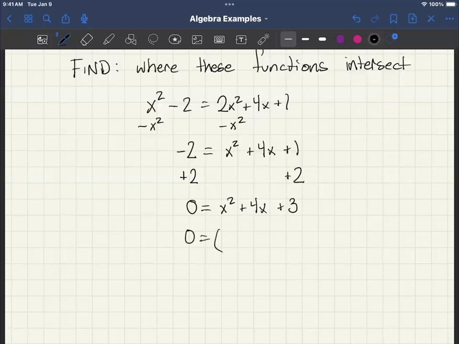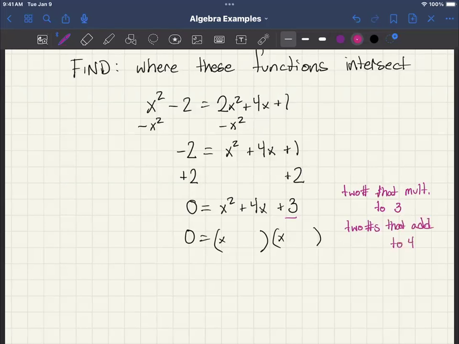When we are factoring our polynomial, remember we want two numbers that multiply to the number 3, the last number in our formula here, and that add to 4, the middle number.